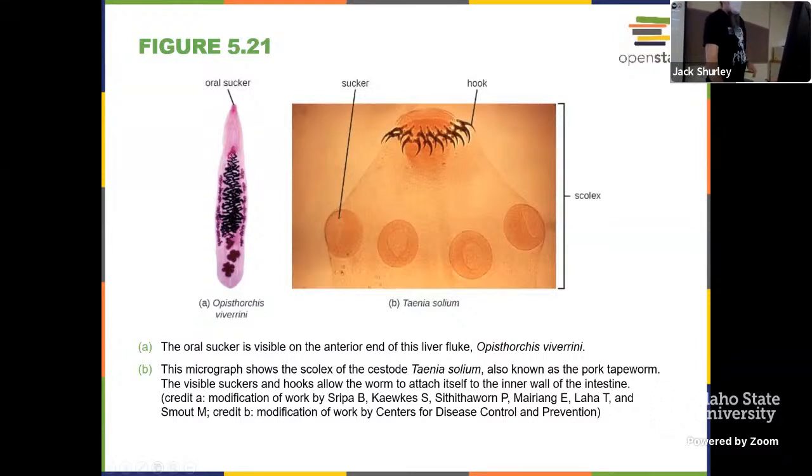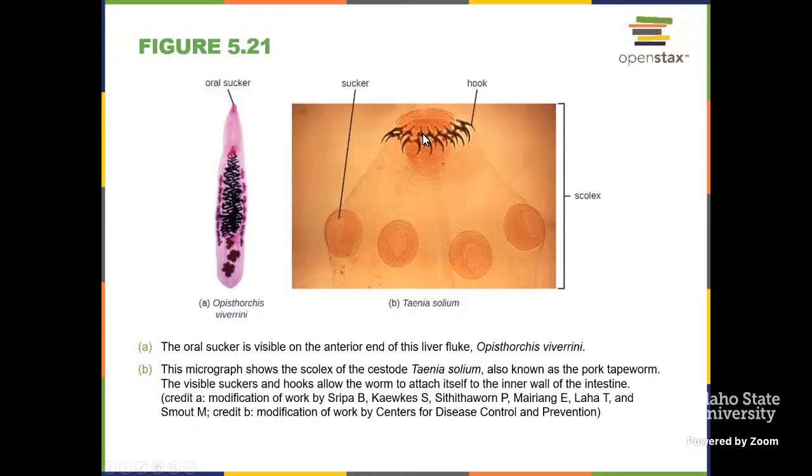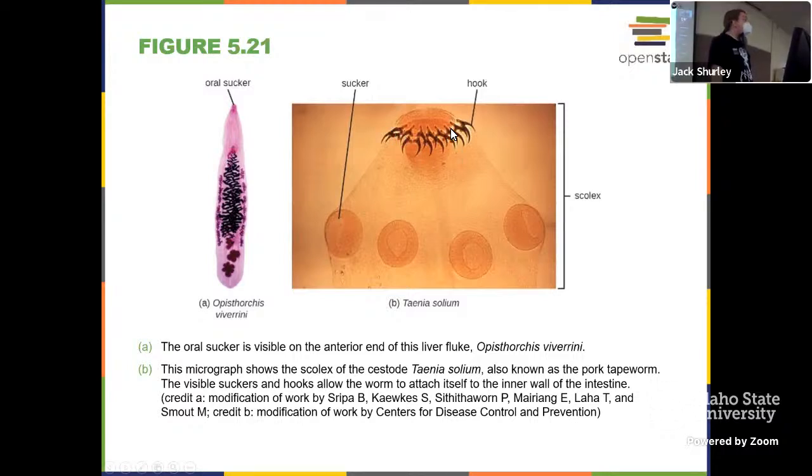As we look up here at the head, the scolex, Taenia solium has some ornamentation, some hooks up here on the scolex, whereas Taenia saginata does not. It's just got some suckers. So as we say, beef and pork tapeworm, we get infected depending upon the type of meat you might be consuming that's not cooked thoroughly.